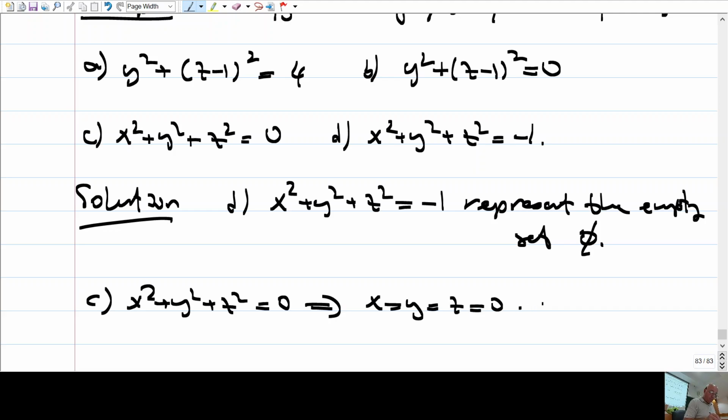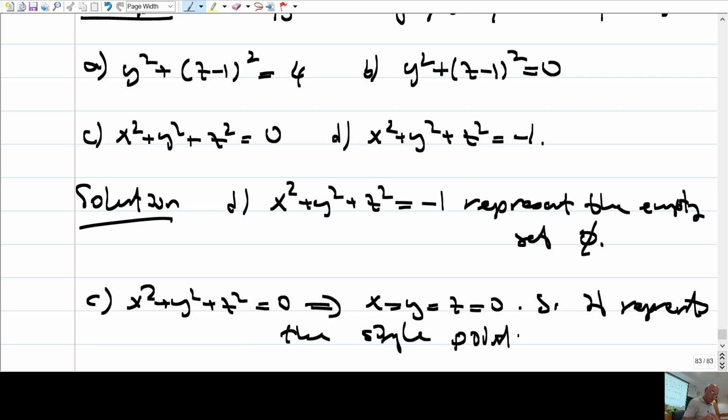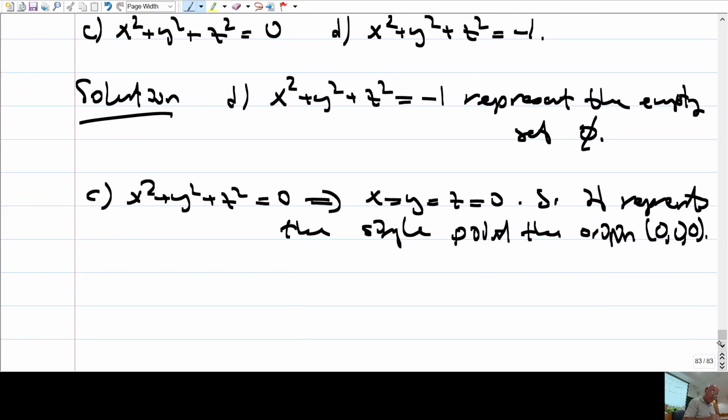So it represents the single point, the origin, 0, 0, 0. So this represents the single point, the origin, okay? Just this point.